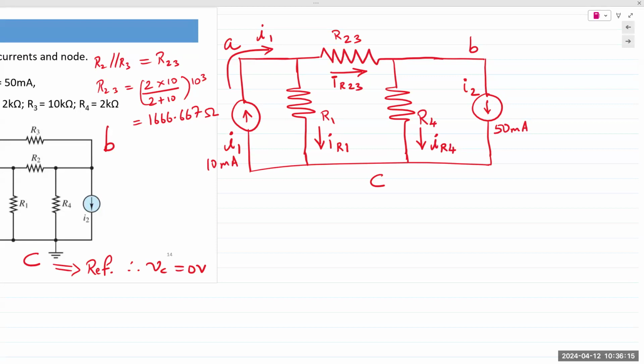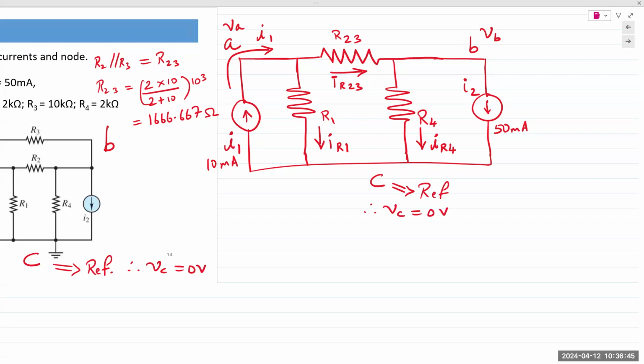Okay. So my setup of the problem is almost there. What else is remaining for the setup? We identified and labeled all the nodes. We labeled the node voltages. I need to choose a reference node. And then if I choose C as my reference, I can write VC is equal to 0 volts.